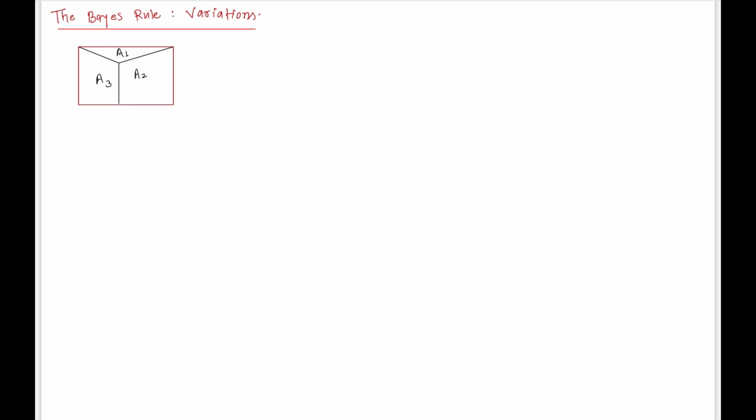Let's suppose you have this sample space, and this sample space has three disjoint events, that is A1, A2 and A3, and you also have the information about the probabilities of these events A1, A2 and A3. That means you have the prior belief of these events.